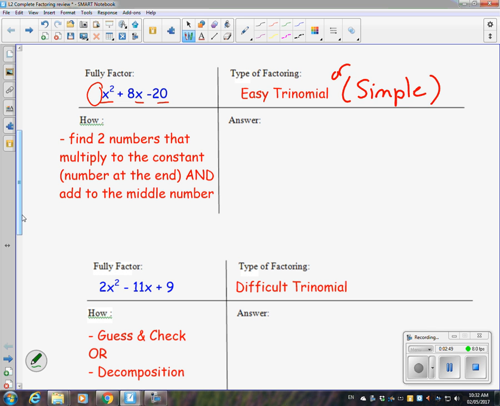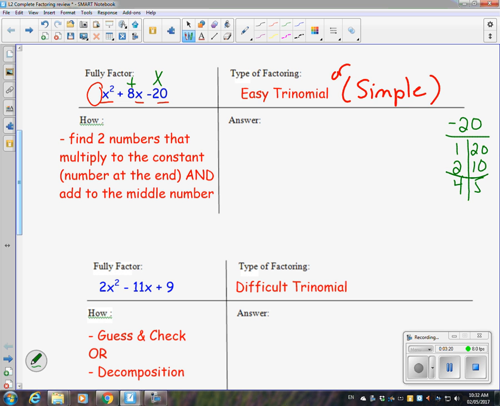I want to find what multiplies to get negative 20 and adds to get 8. So I play with my factors. I look at what multiplies to get negative 20. I have 1 and 20, 2 and 10, 4 and 5. And that's it. And I want to see what will add up to get 8. Because I'm multiplying to get a negative answer, one of the numbers is going to have to be negative.